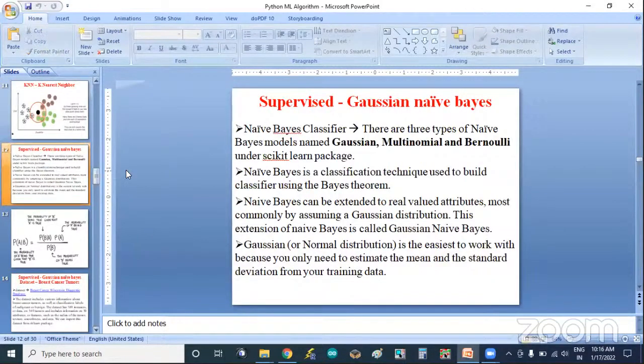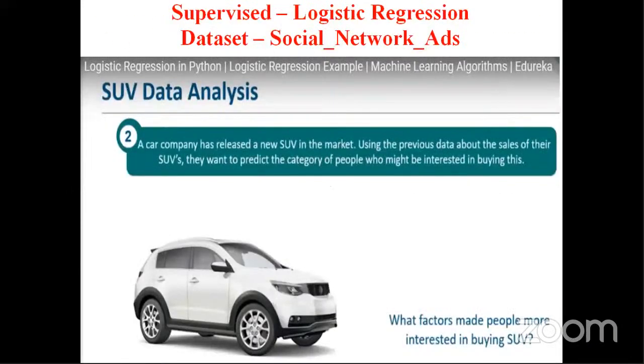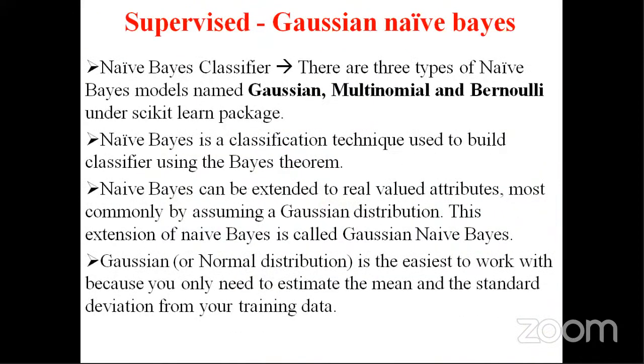Okay, so now I'll continue to the next topic. Sorry, next algorithm. The next one is Gaussian Naive Bayes. The algorithms whose names I am explaining are all standard algorithms.